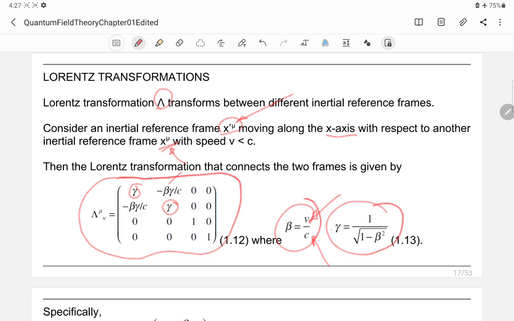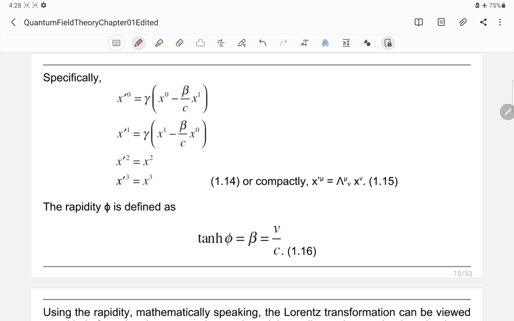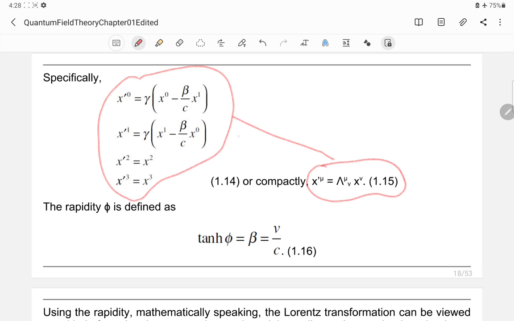And then this one, gamma, is just 1 over the square root of 1 minus beta squared. So it is just specifically this one, or this is the compact version of this one. These are just the same.